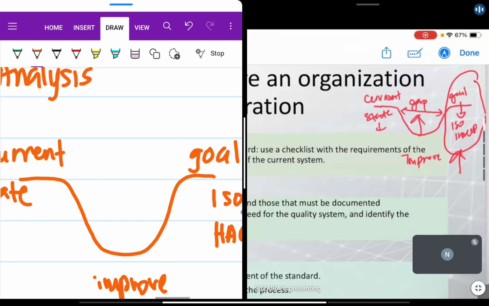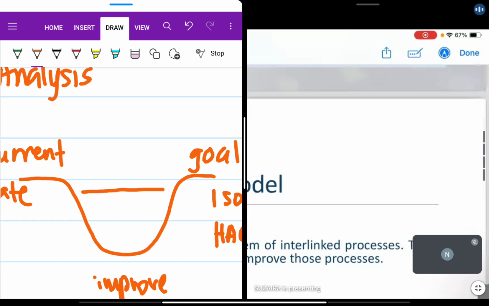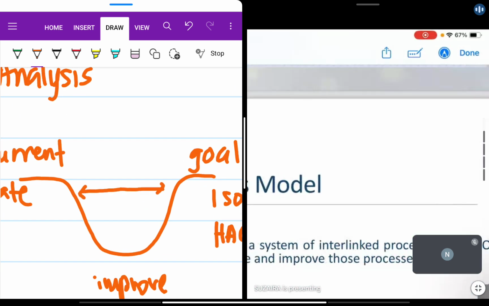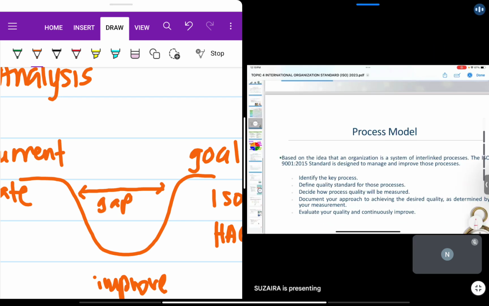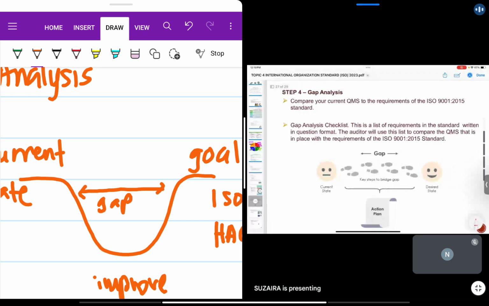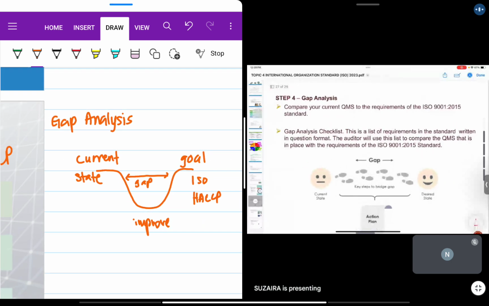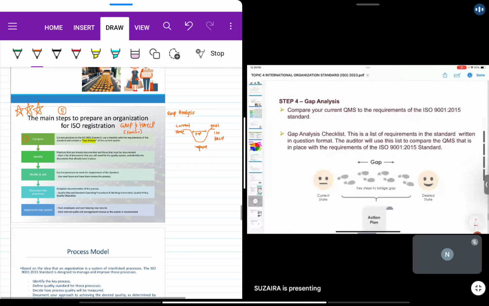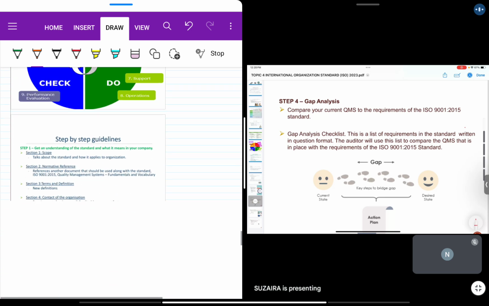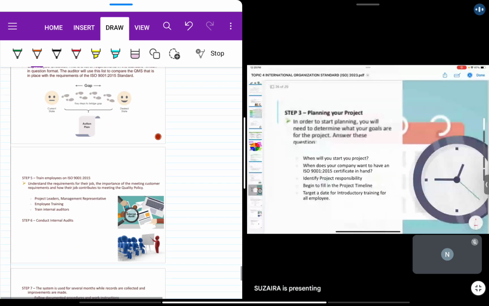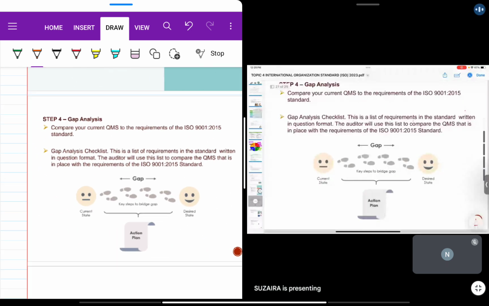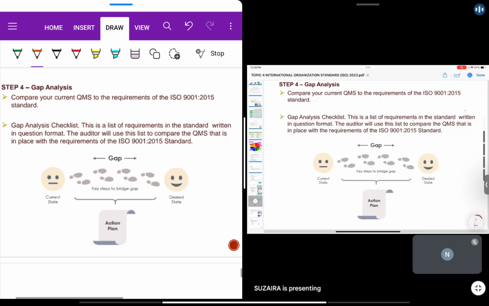Okay. If you want to look at the details, maybe you can scroll down to slide number berapa ni? 27. So it mentions the gap analysis.